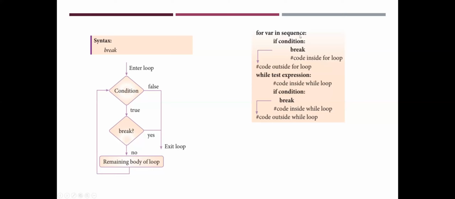When i is 50, 50 is double equal to 50, so this break statement will work. After this break statement, the control will get out of the code. So the for loop will be terminated and does not execute after 50, even though we have given the range as 100.